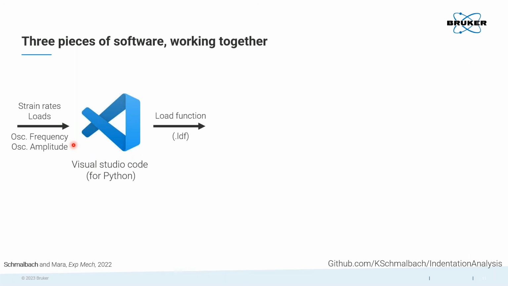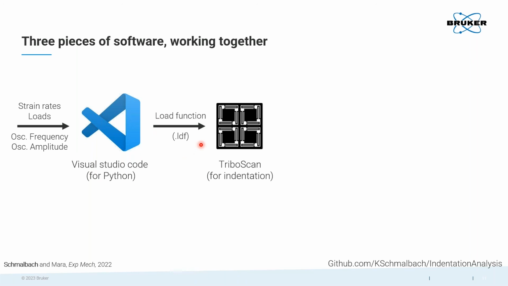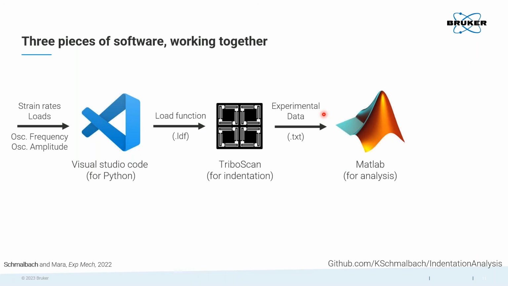And we put these into our code that gives us the load function that is loaded into Triboscan. Triboscan is going to tell the instrument to run those indentations. It's going to give us our experimental data in the form of a text file, and all of the analysis functions are then written in MATLAB.